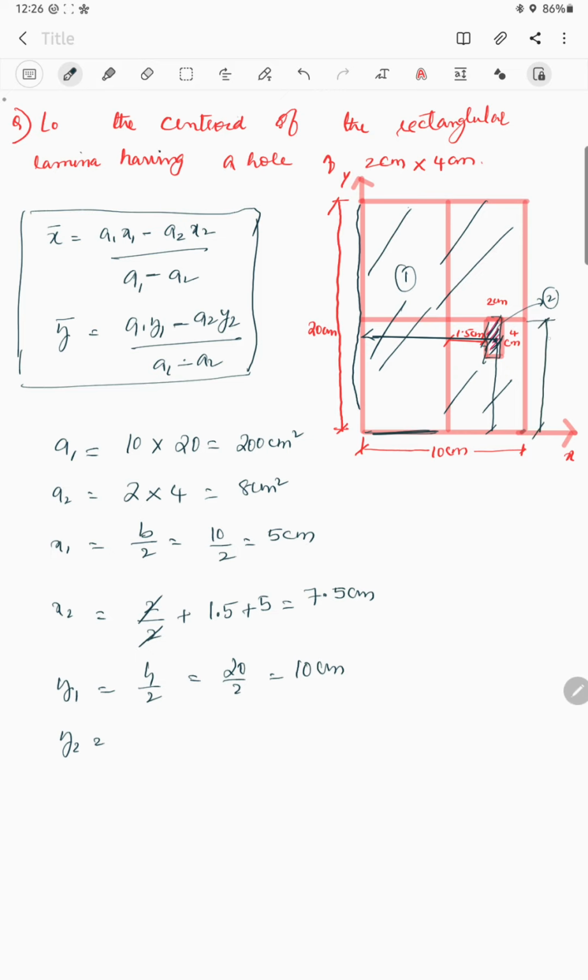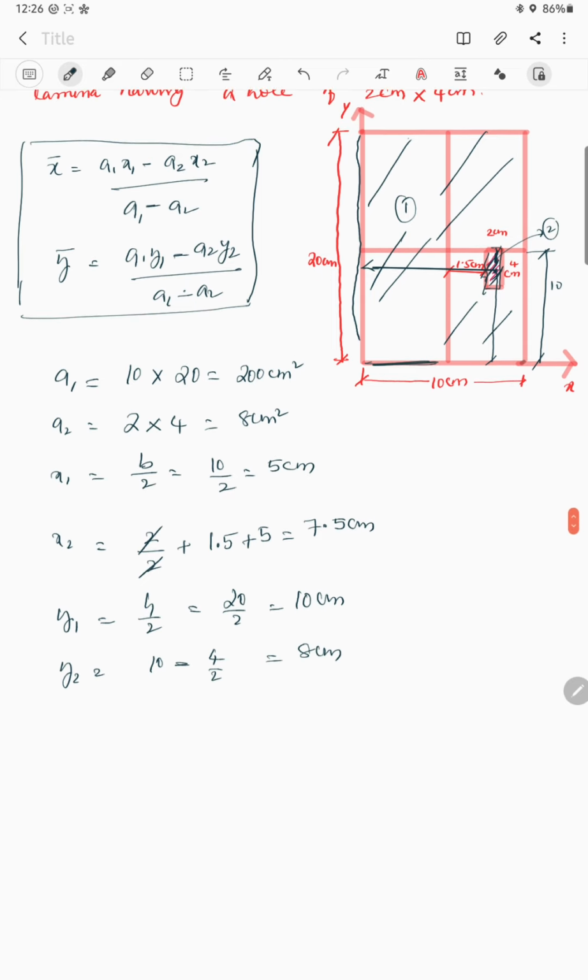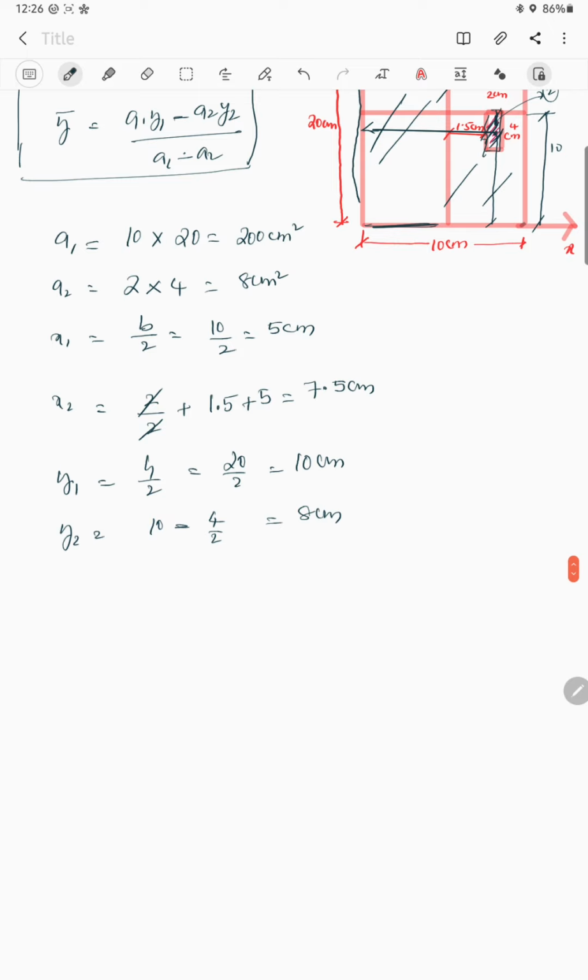Total distance is 10, right? 10 minus this distance, which is 2 by 2 or 4 by 2, which is equal to 8 centimeters.